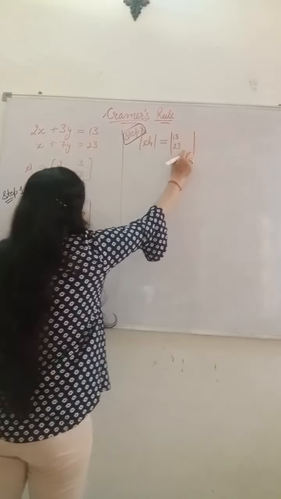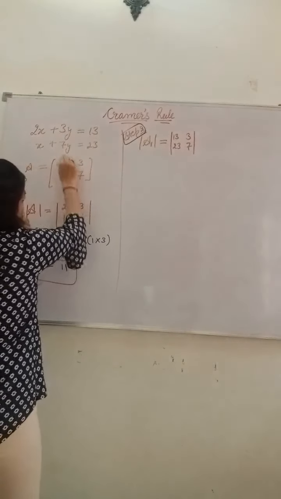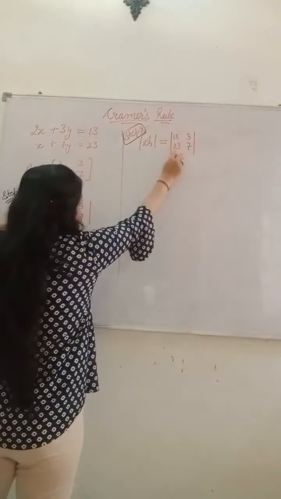I will repeat. In determinant A1, I just change the first column. I will take these two constants in place of the first column elements, that is 13, 23, and the second column will remain the same. That's it.